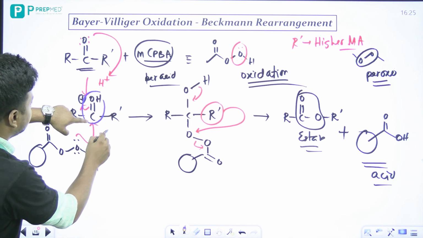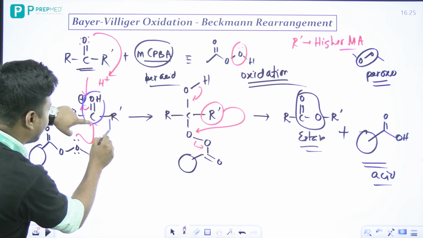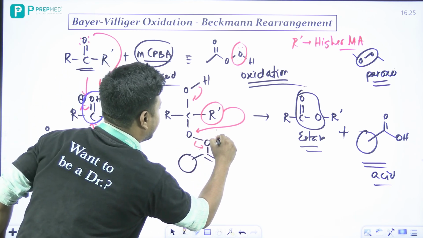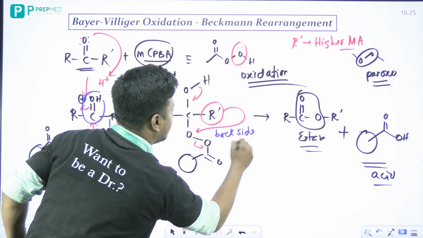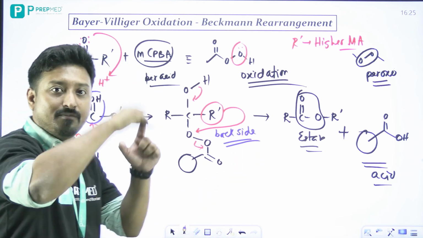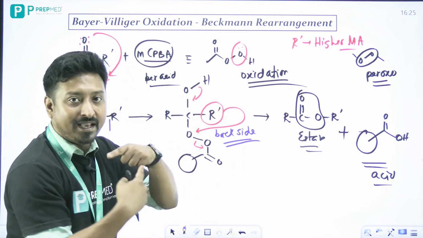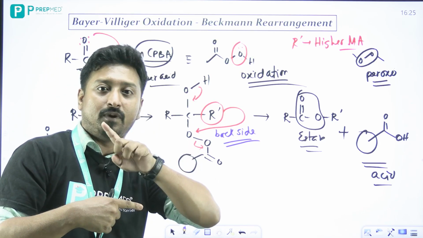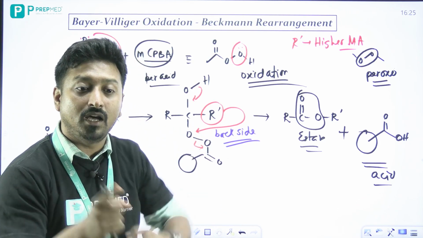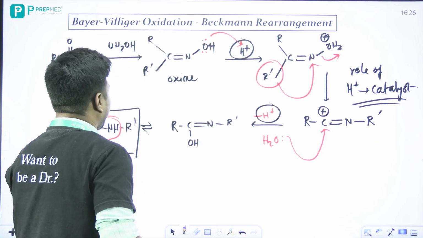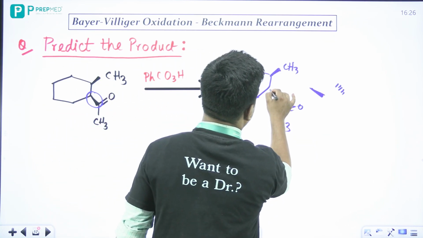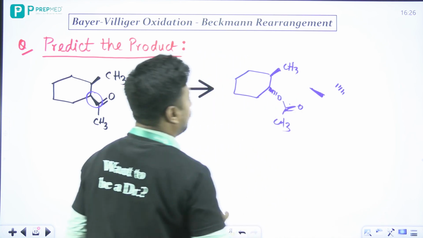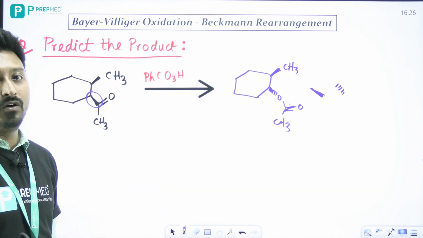After this R group attacks, this is a backside attack. Okay, since it is a backside attack, if the bond was above the plane, it will directly go below the plane, right? So if I use that logic, here there will be a dotted bond. Okay, so this will be your corresponding product.